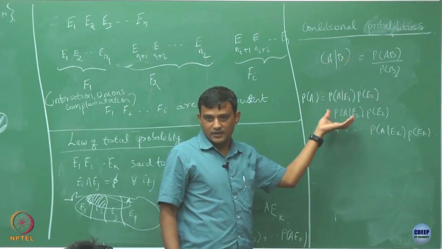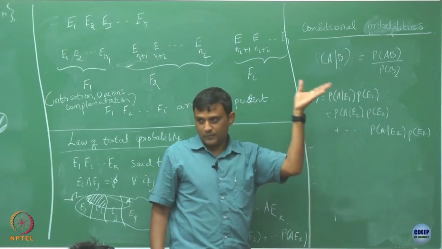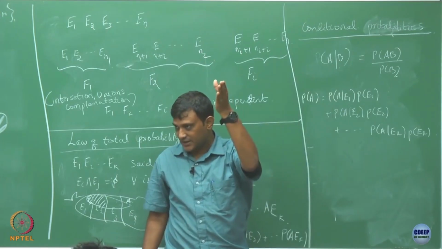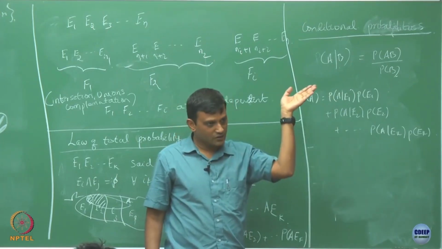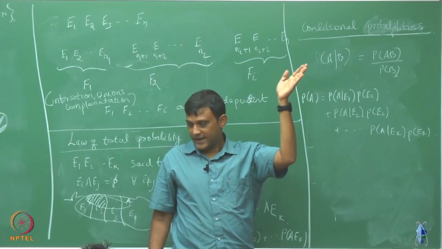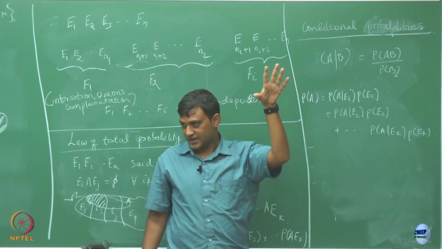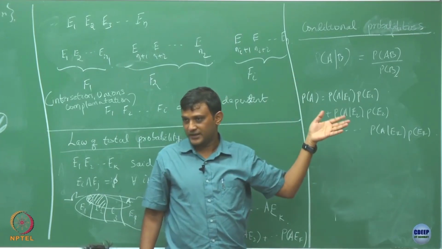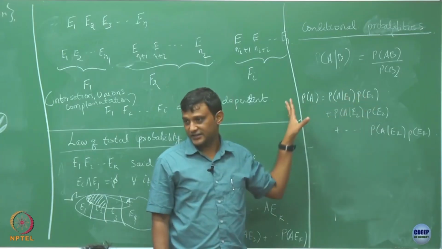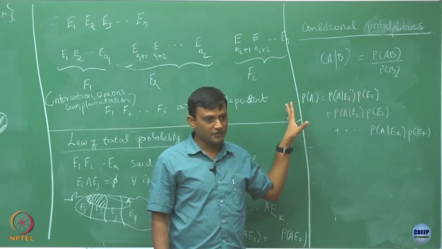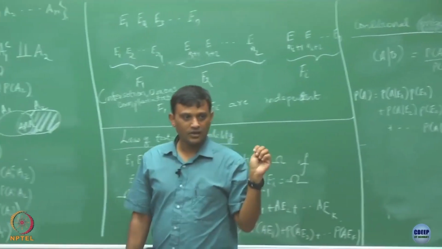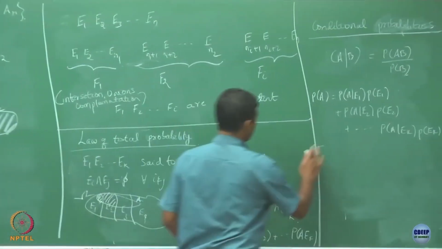So that is why, if I know the probability of each one of these partitions happening and the likelihood of my event A happening conditioned on that, then if I take the sum of all these things, that is going to give me the probability of A. Okay, so let's take a simple example.